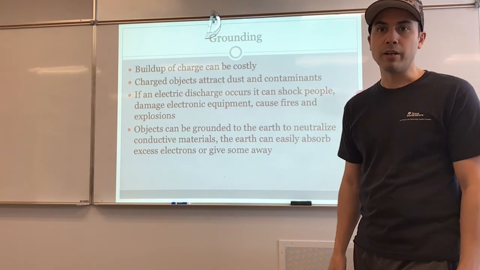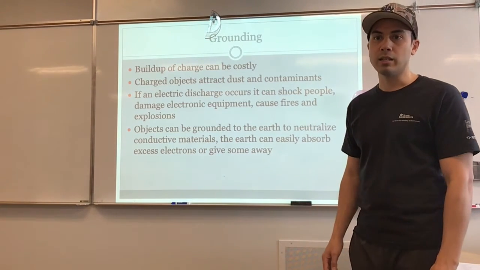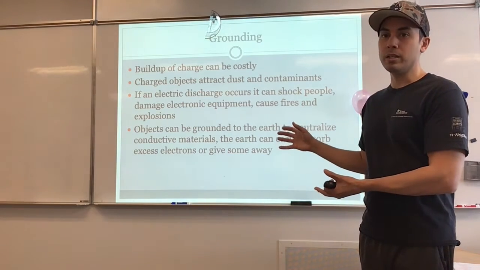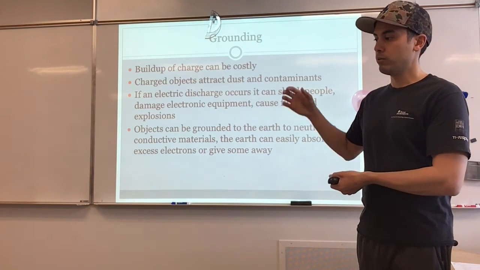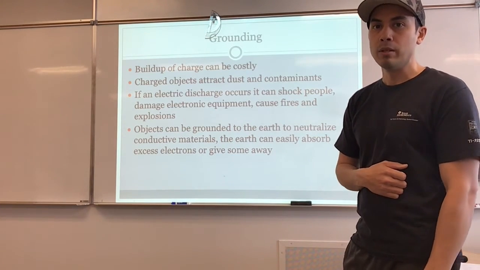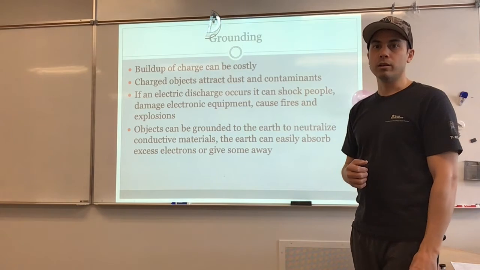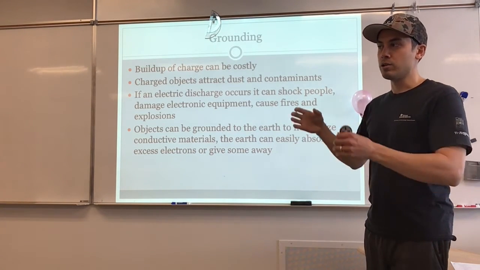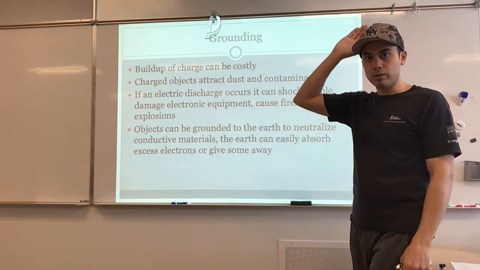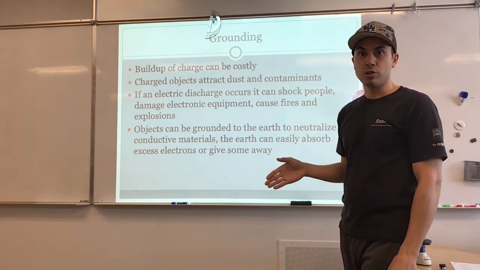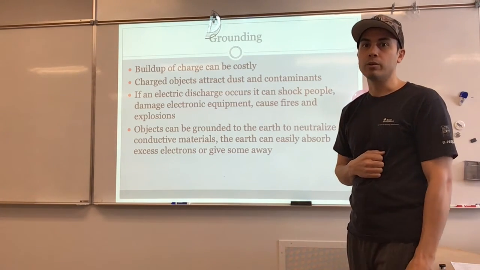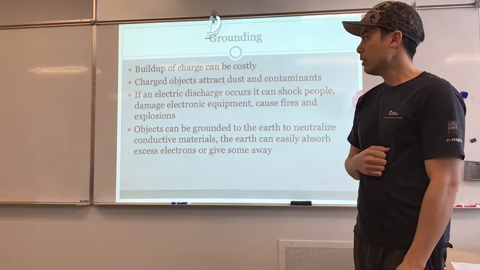The Earth is a very good acceptor of excess electrons, so when possible and when needed, we can allow those electrons to flow into the Earth. An example is the lightning rod on a house or building. This is a big metal pole going from the top of the building to the bottom, such that if it gets struck by lightning, all the electrons will flow through that piece of metal back into the ground where they can be easily accepted.